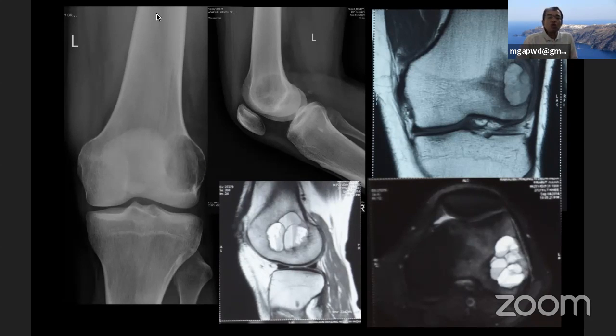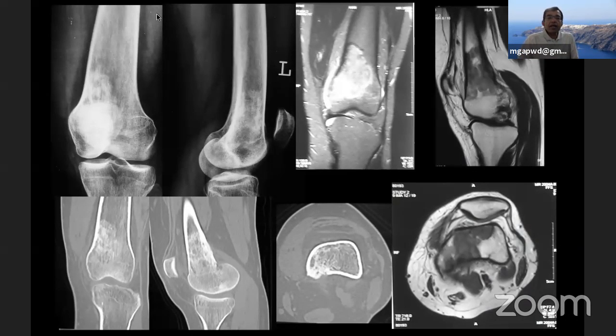But the biopsy showed that this is a conventional high-grade osteosarcoma, and therefore no damage was done, and doing a biopsy as a rule helped us avoid an embarrassing situation when this tumor would have been curetted on the assumption of an aneurysmal bone cyst, and then things would have got complicated for a limb-saving surgery. So it's a good idea to biopsy every lesion before you assume a diagnosis. If you have to assume a diagnosis, better to assume it is malignant rather than to assume it is benign.